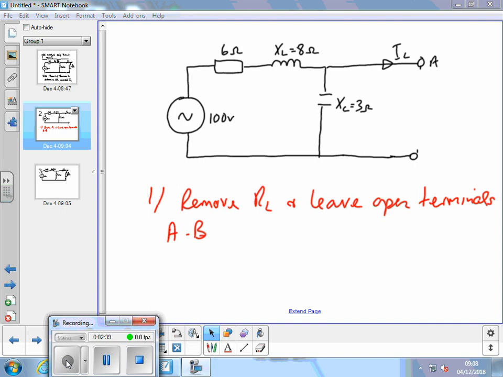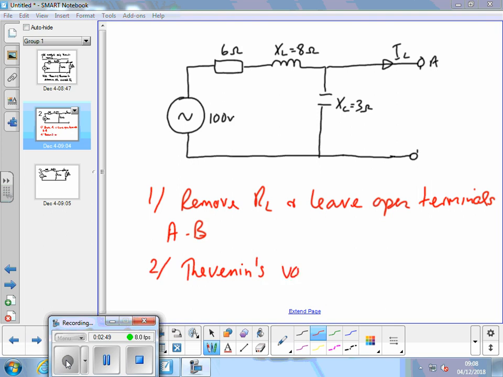What do we know about Thevenin's voltage? What is it?